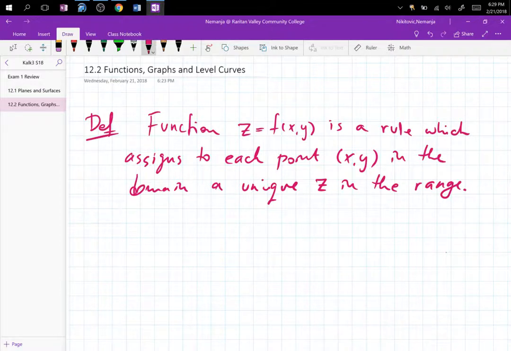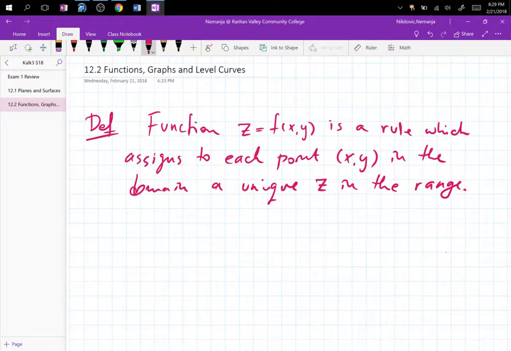And I can again have certain values that are not allowed into our domain. I still have the domain, obviously. That's all of the points x and y that we can plug in. And we have range, which is all of the z's.